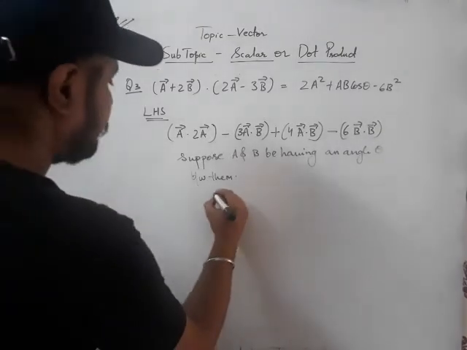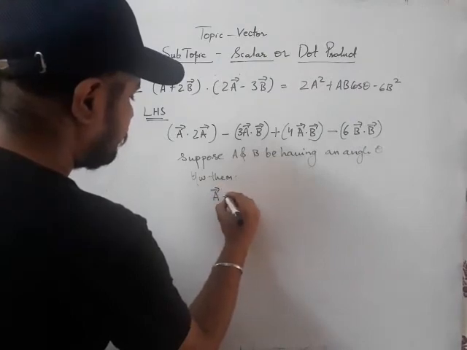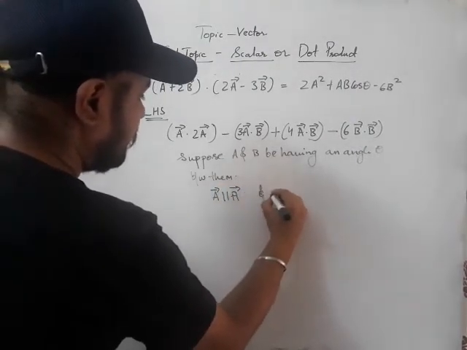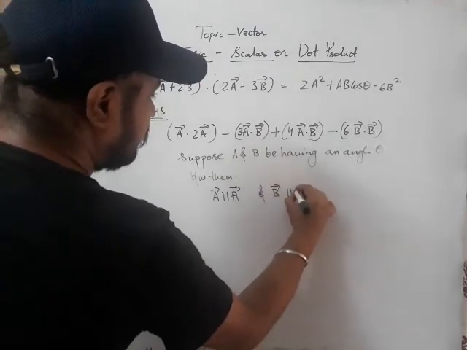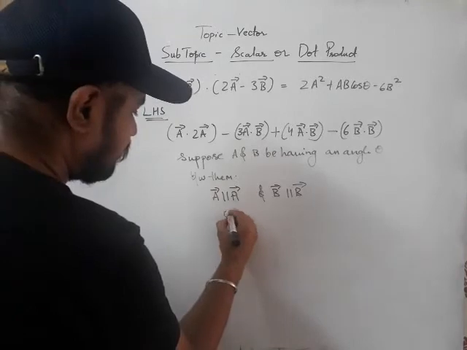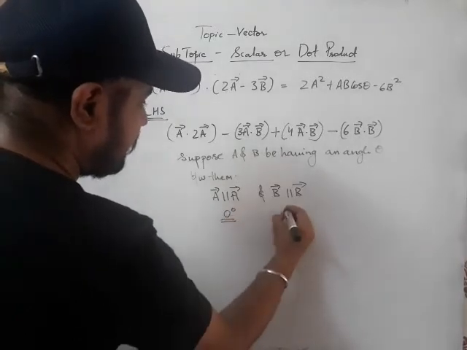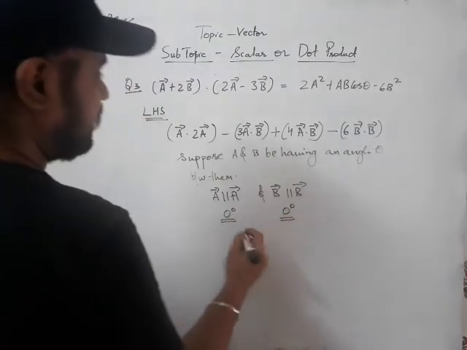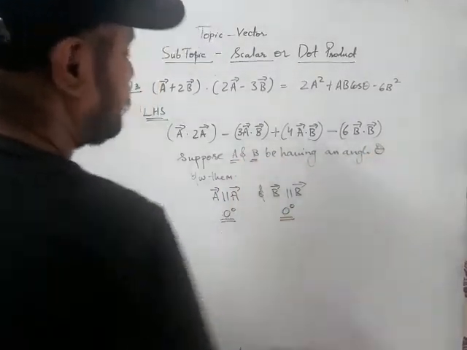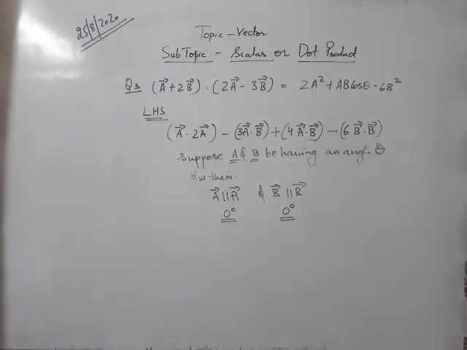So we should have an idea that A vector will be parallel to A vector itself, and B vector will be having its direction parallel to B vector. So when these are parallel, there is angle 0 degree, but A and B are having an angle theta between them. If they are having angle theta between them, we will be right according to the dot product.